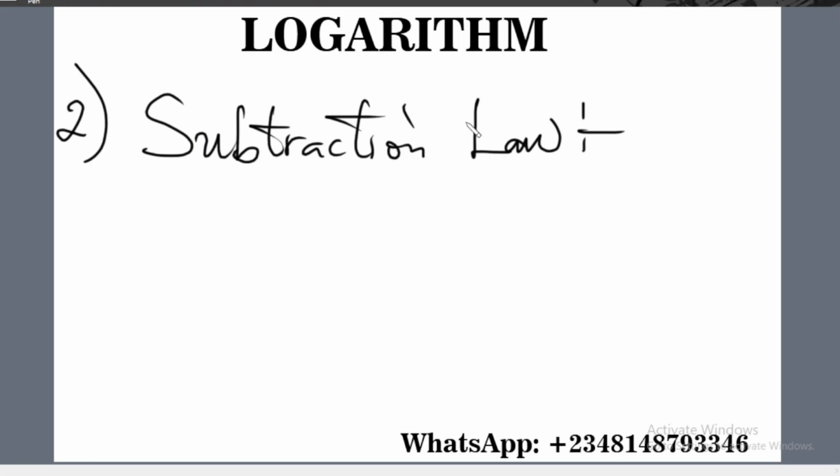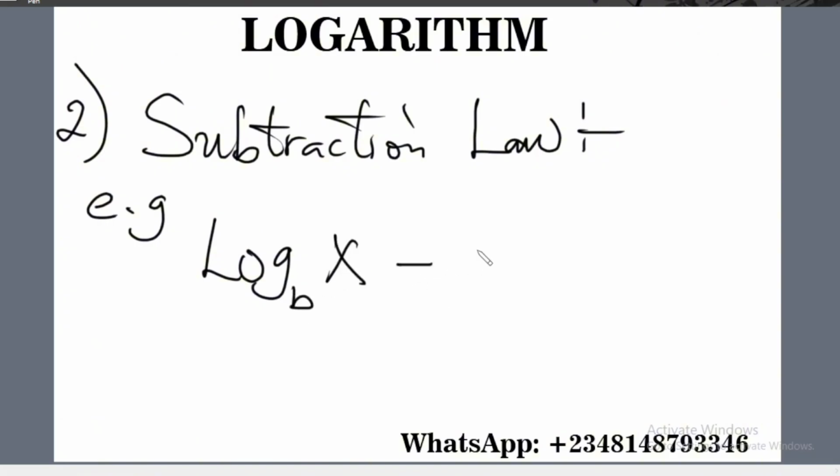Now let's take an example. We have log x to base b minus log y to base b. So log x and log y have the same base, b and b.